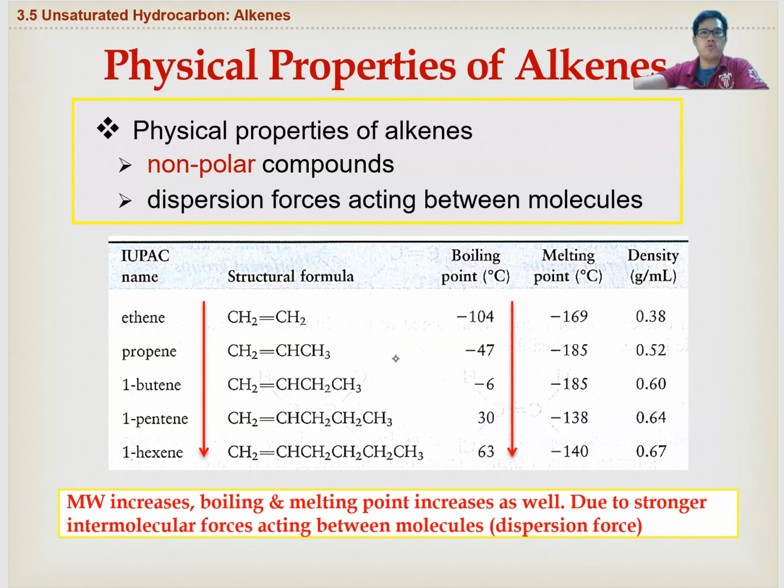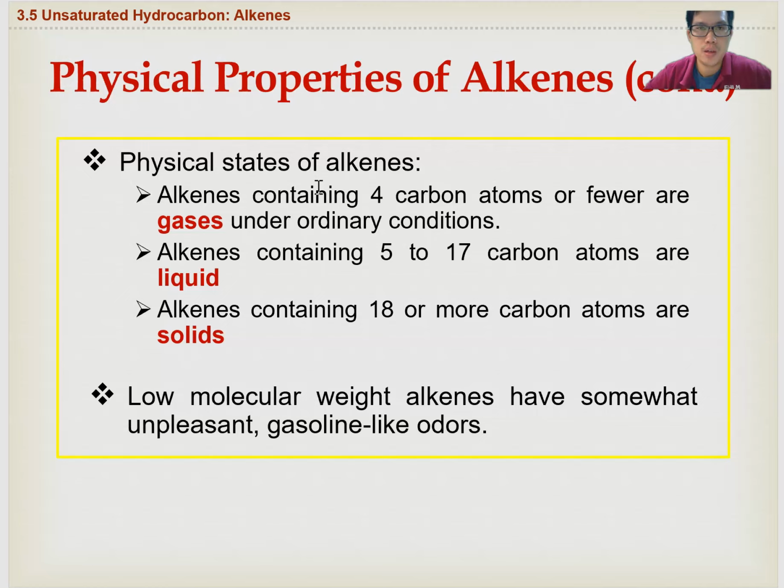Density is always lower than 1, which means lighter than water. The longer chains will be in a different state: the shorter compounds are always gaseous, the longer ones will be liquid, and those with 18 carbons and above will be in a waxy solid state.